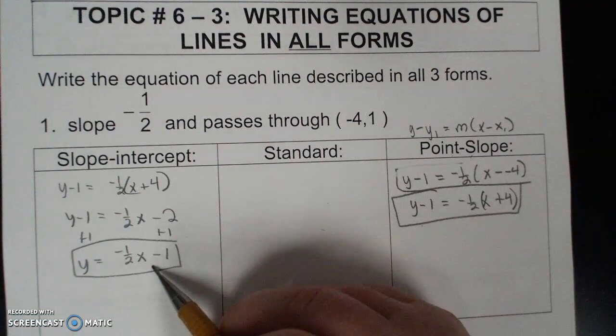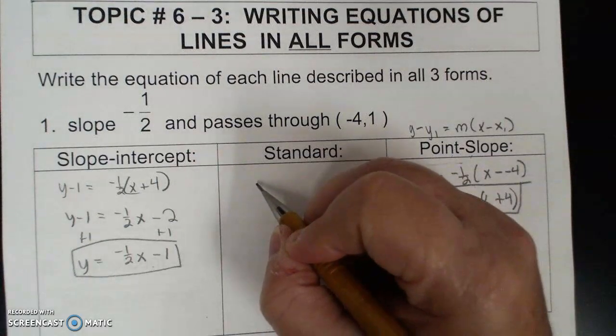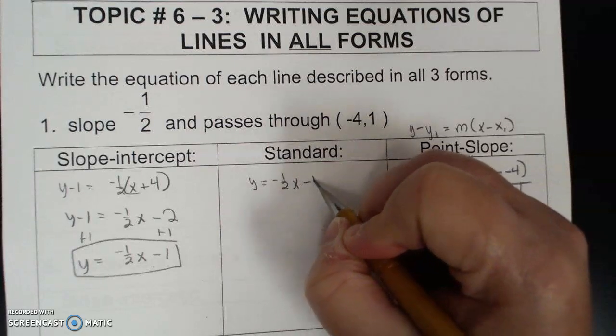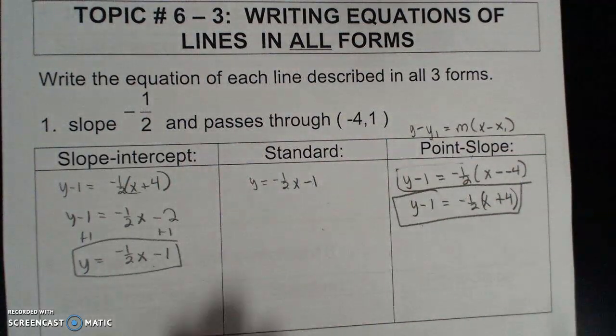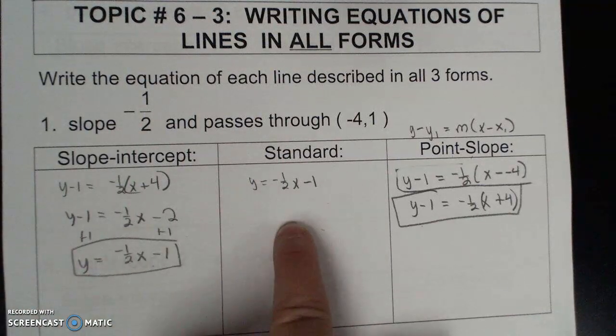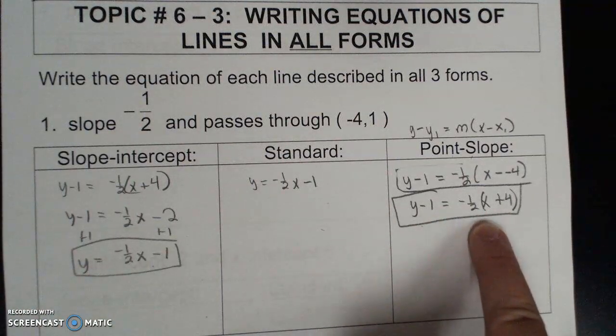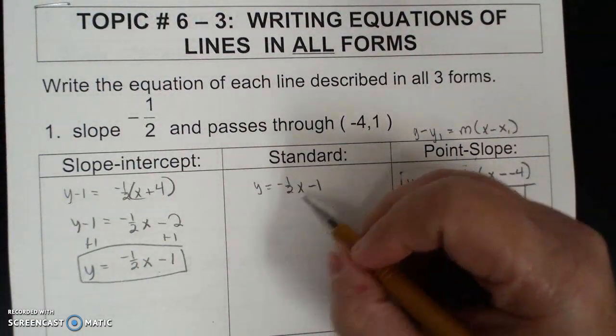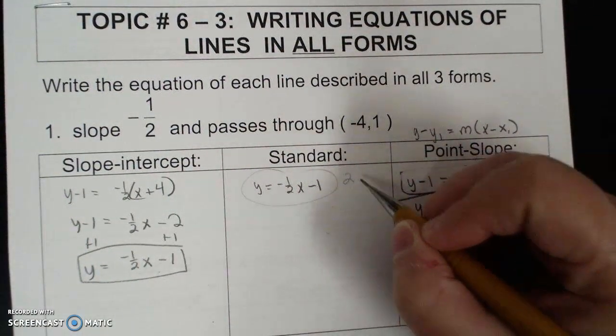And then I'm going to take slope-intercept and I'm going to come to standard. So I'm going to start with here. The only problem with using this to go to here and here to go to here is if you make a tiny mistake here, it's going to come through all of them. So the first thing I'm going to do is multiply by 2.